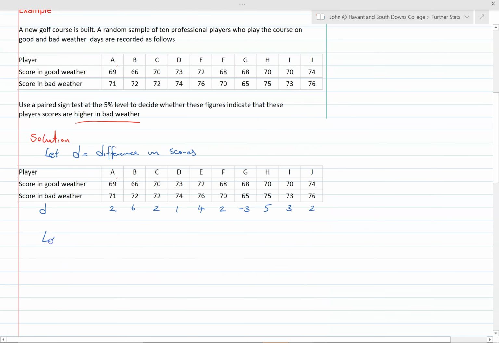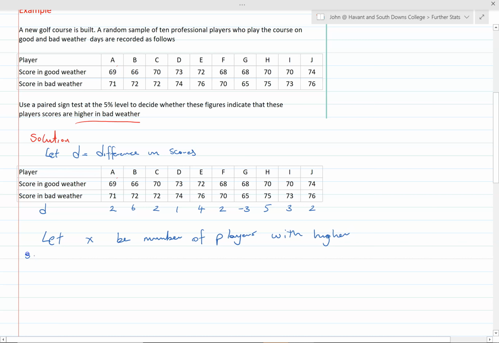So let's let X be the number of players with higher score in bad weather. You could make it lower, but I'm just doing higher to be consistent with the hypothesis.